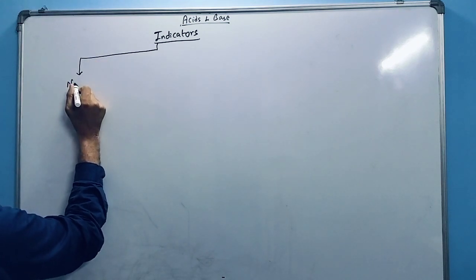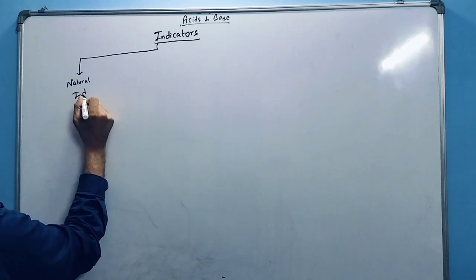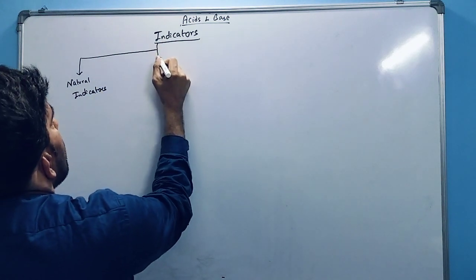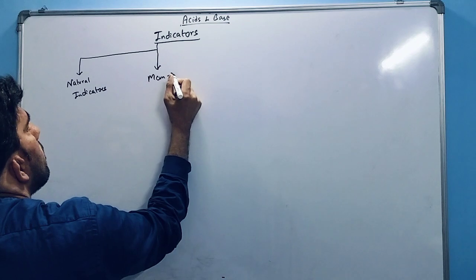First, natural indicators. Second, man-made indicators.